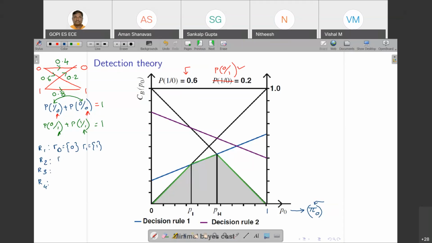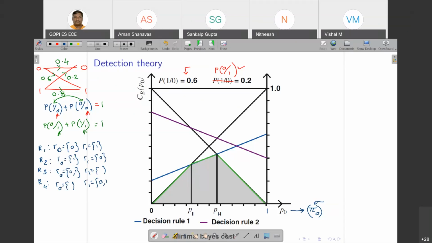Rule 2: gamma naught is 1, and gamma 1 is 0. Rule 3: gamma naught is 0 and 1, and gamma 1 is null. Rule 4: gamma naught is null, and gamma 1 is 0 and 1.